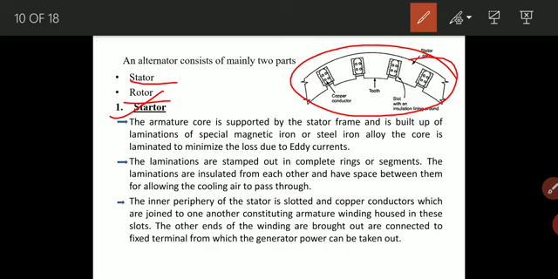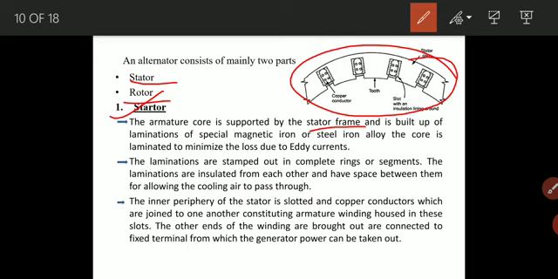But no such function is there in the case of an alternator. Here the function of the stator frame is to support only the armature core. Okay, and the stator frame is built up of laminations of magnetic iron or steel iron alloy.